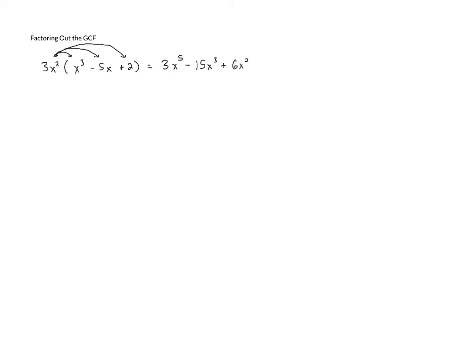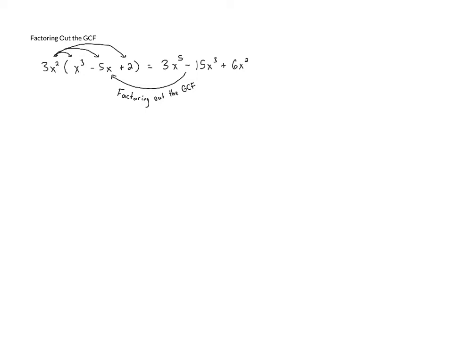What we've just done here is multiply by using the distributive property. But if we want to undo this, to go in the opposite direction, this involves factoring, and specifically factoring out the GCF. Now, we're going to do this problem twice.